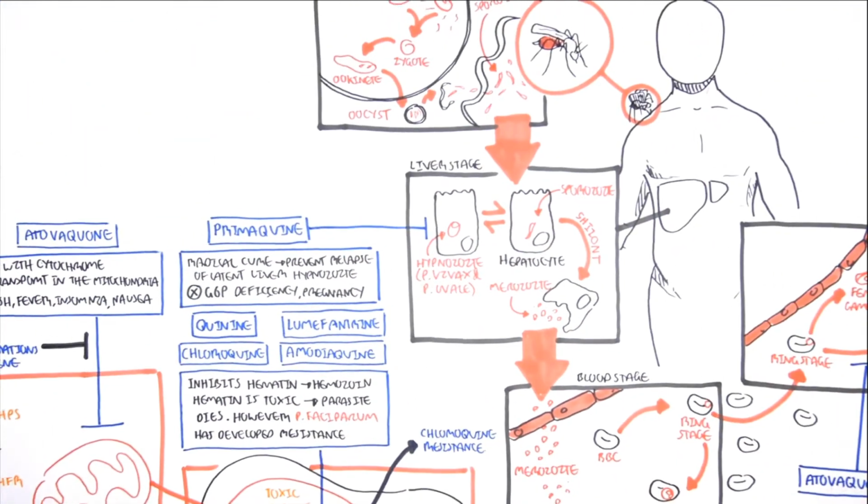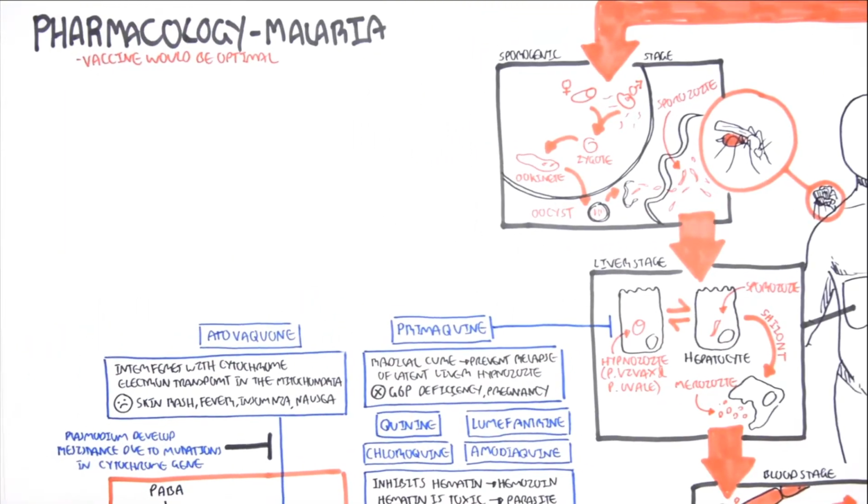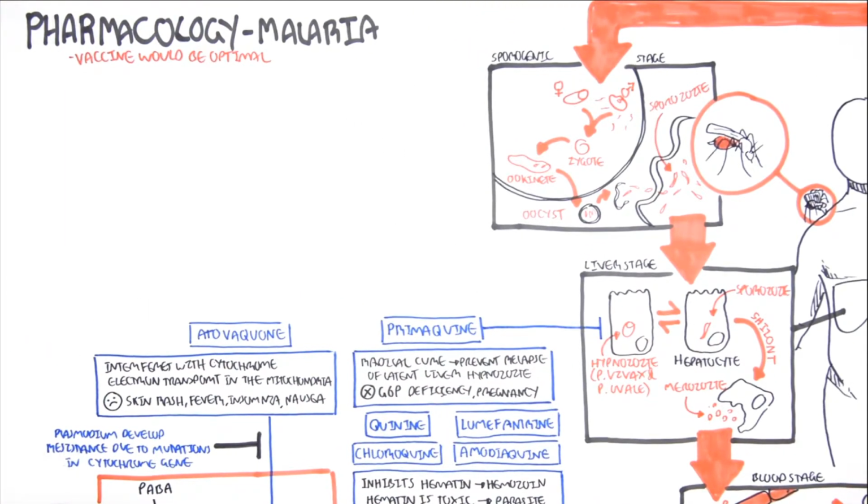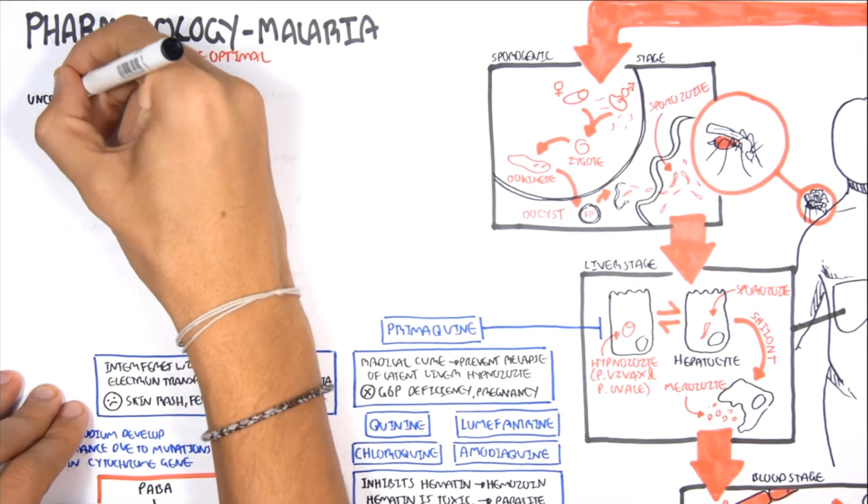So now let us look at what to give to certain patients in different scenarios. For example, we'll mainly focus on P. falciparum because that's the main strain of Plasmodium that is associated with morbidity and mortality in the developing countries that have high prevalence of malaria.